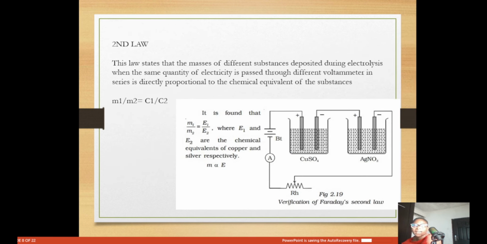The second law states that the masses of different substances deposited during electrolysis, when the same quantity of electricity is passed through different voltameters in series, is directly proportional to the chemical equivalent of the substance.